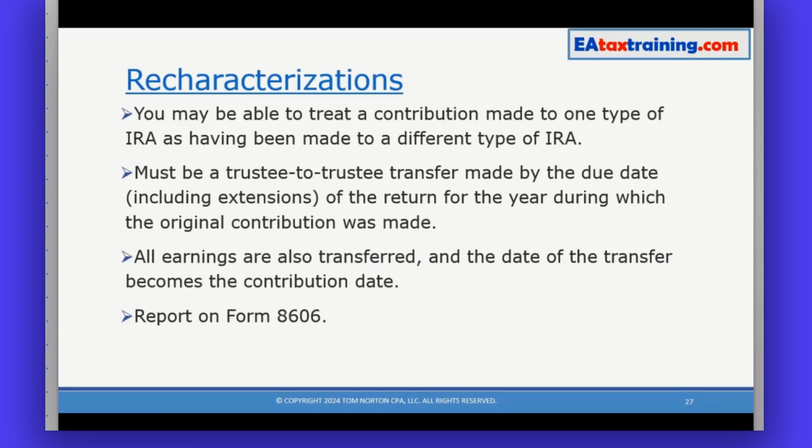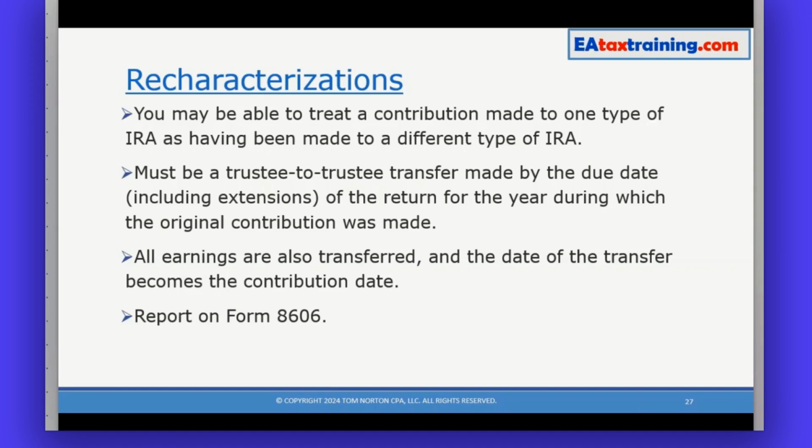So what the IRS says is, yes, you can do this if you meet some guidelines here. First of all, it must be a trustee to trustee transfer. Secondly, this must be done by the due date, including extensions, of the return for the year in which the original contribution was made.